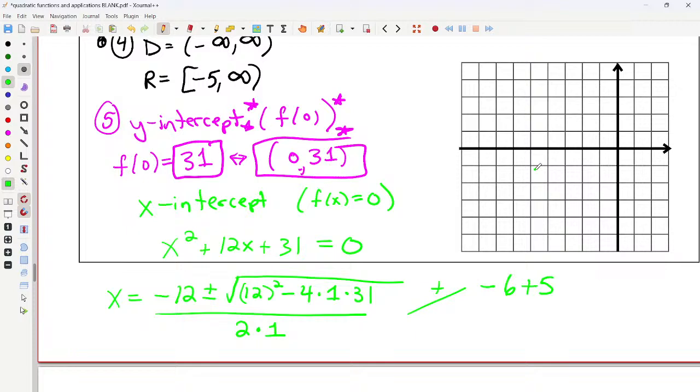Change this to a minus. And now I have a -5 with a -6. So negative root 5 minus 6. And on paper, there's your plus and minus. Plus square root of 5, minus square root of 5.